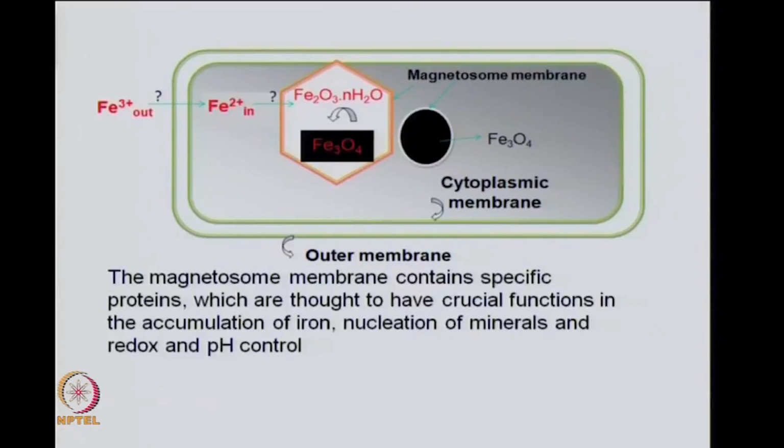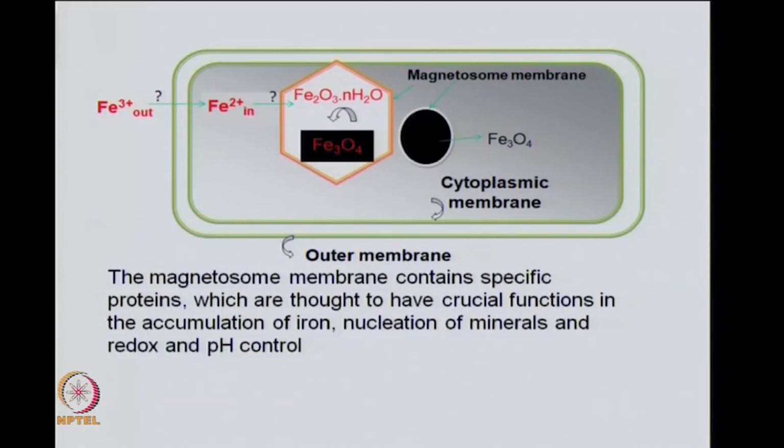To explain what a magnetosome is, consider this to be a cell. There is an outer membrane of the cell and a cytoplasmic membrane, and inside you have the cytoplasm. It is known that inside the cytoplasm there are these magnetosomes, and inside the magnetosome you have this Fe3O4, which is magnetic in nature.